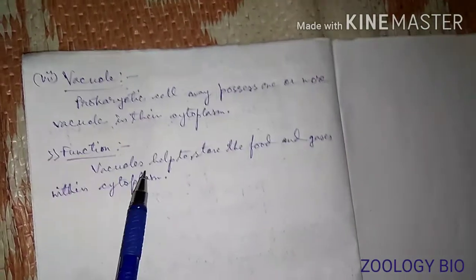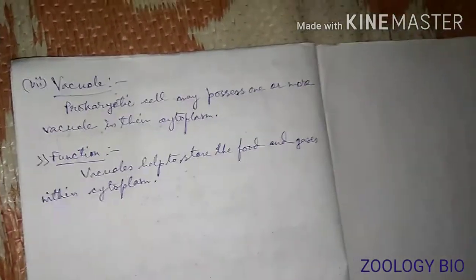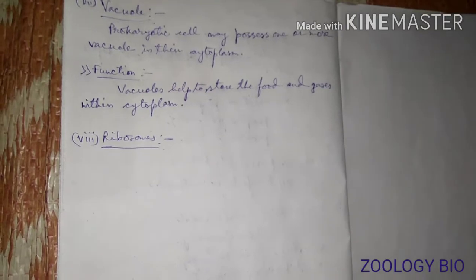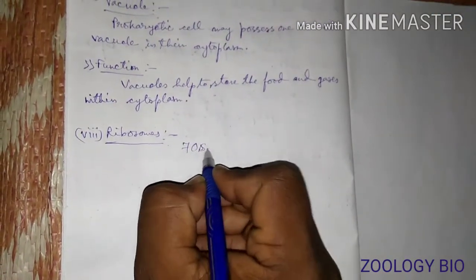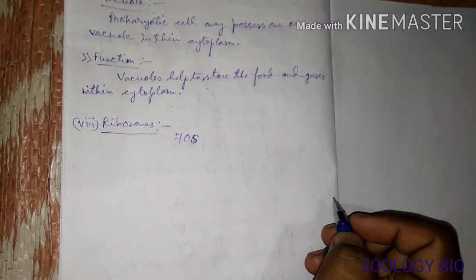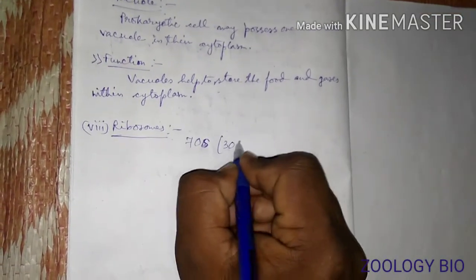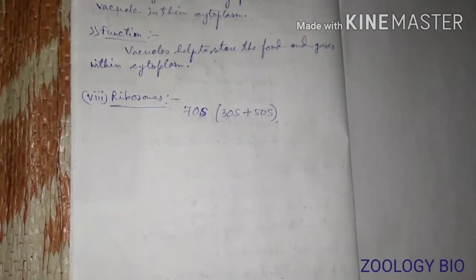The function is that vacuoles help to store food and gases within the cytoplasm. The ribosomes. The granular appearance of the cytoplasm is due to the presence of free ribosomes. These are 70S in size, being composed of 30S and 50S subunits. Ribosomes are involved in the process of translation or protein synthesis.